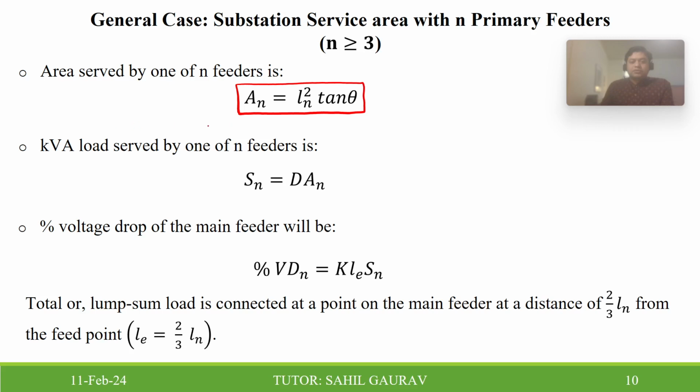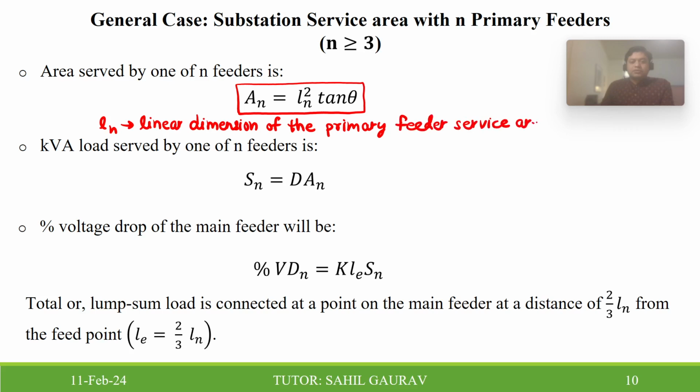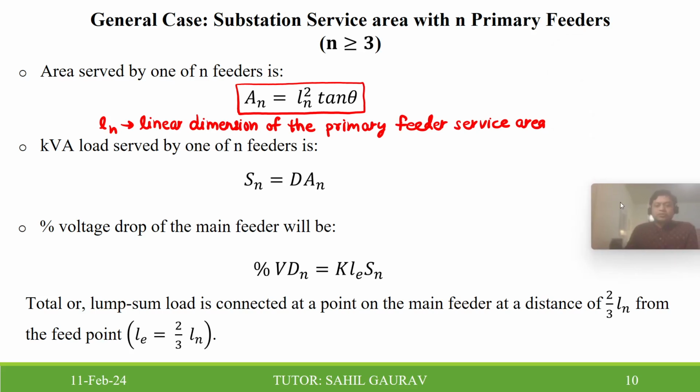Here, L_n is the linear dimension of the primary feeder service area. In a simple way, you can say that this is the length of the primary feeder.